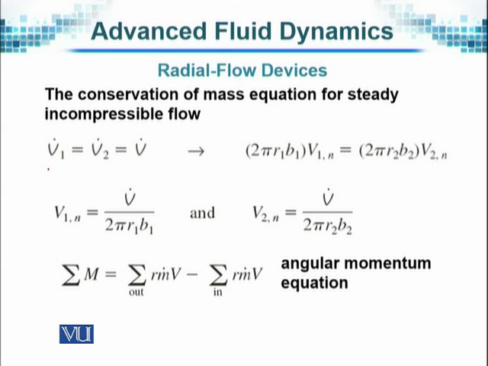So if, for example, a fan is rotating, it will suck in air from the inner side, and it will be thrown out outside. The same amount of air or fluid is thrown away.